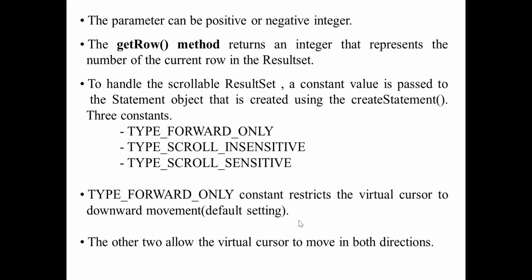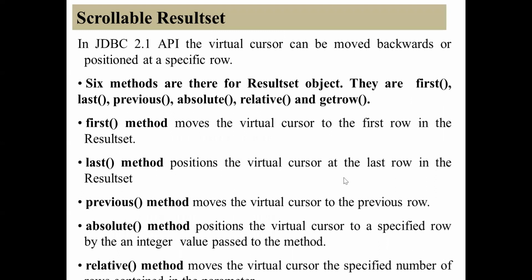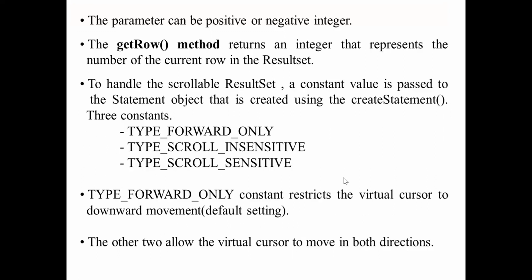That is the default setting. So these are the 3 constants to handle the scrollable result set, placed in the statement object. This is what we call a scrollable result set. Understood?